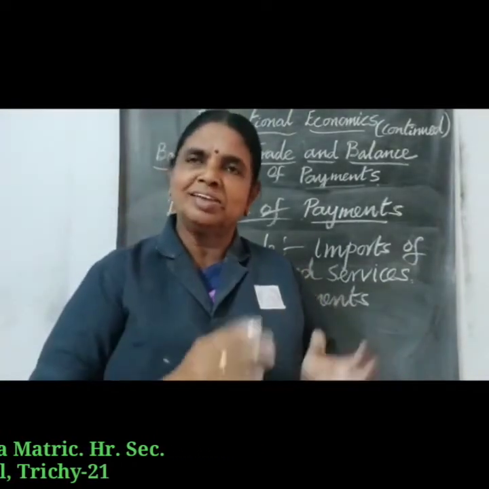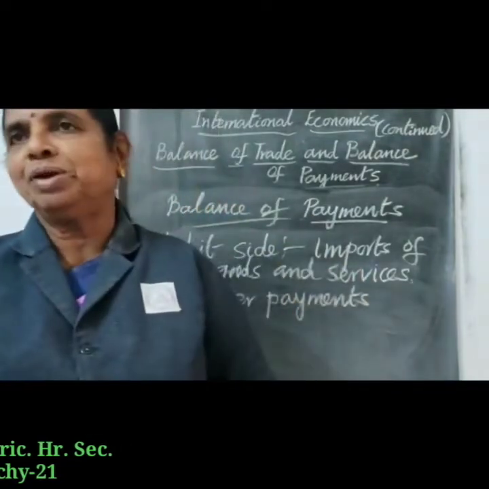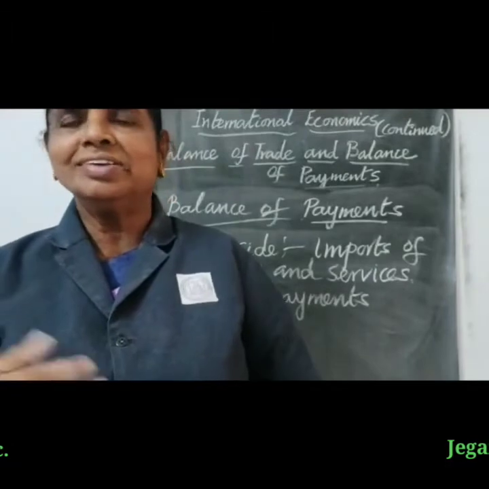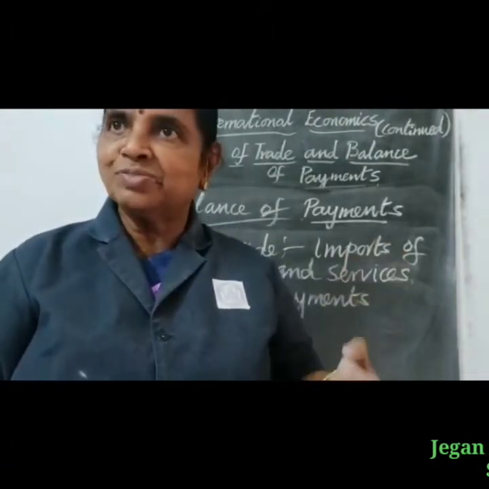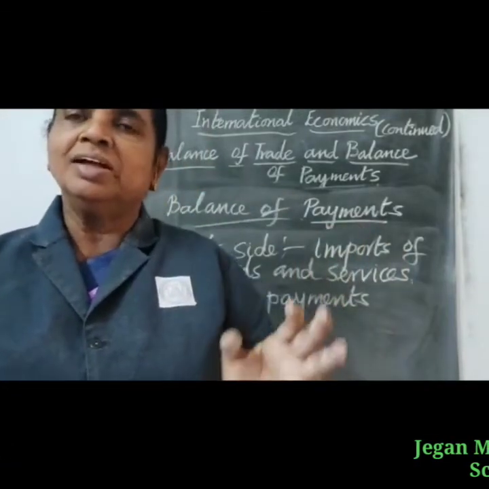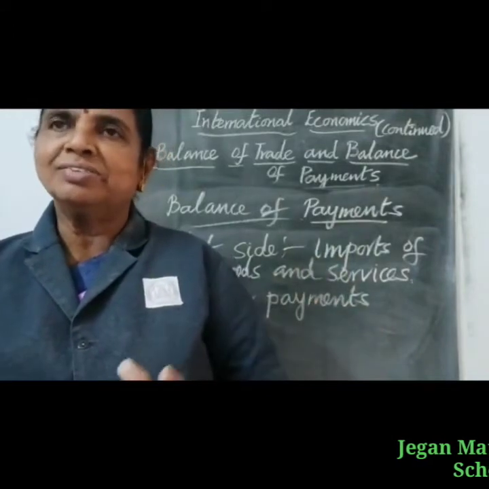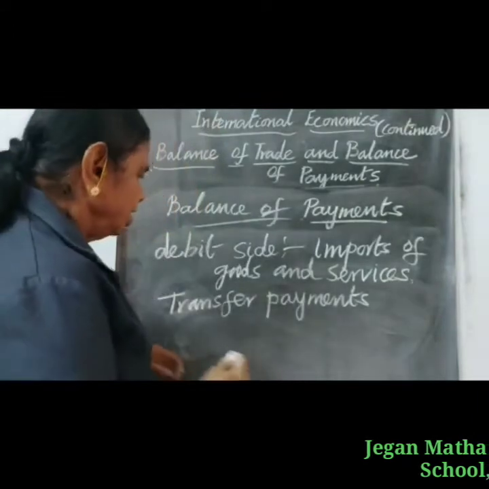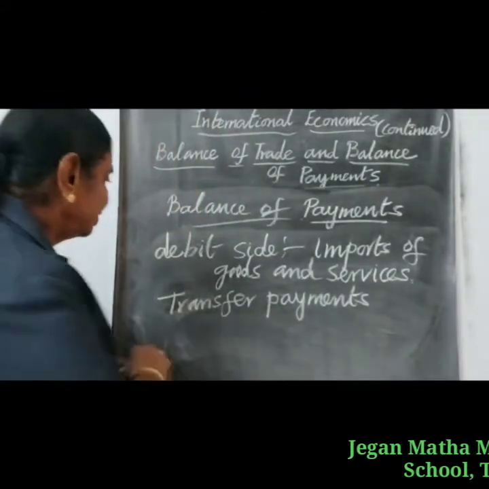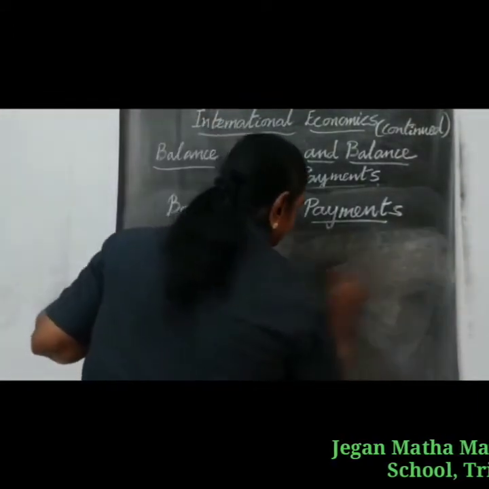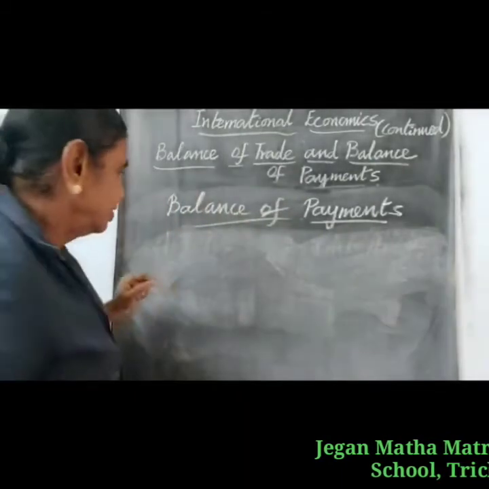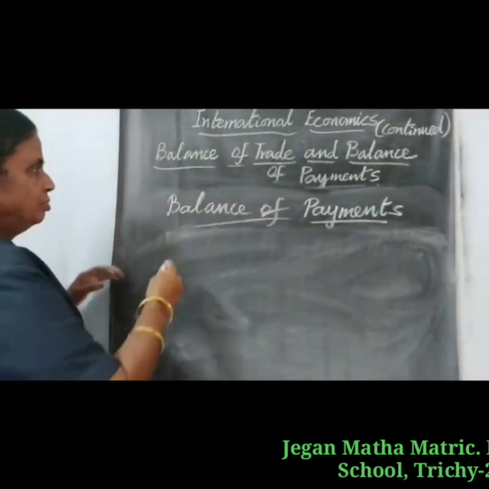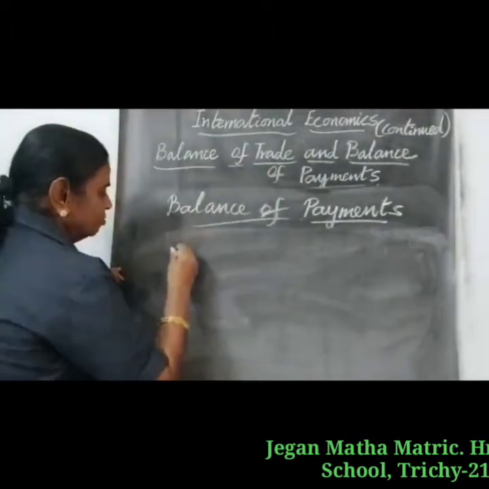Okay, now let us see what is favorable balance of payments and what is unfavorable balance of payments. Of course, it is easy to understand. When receipts exceed payments, it is a favorable balance of payments.